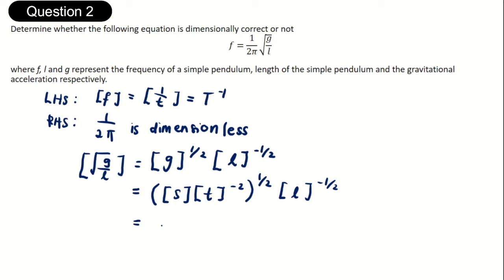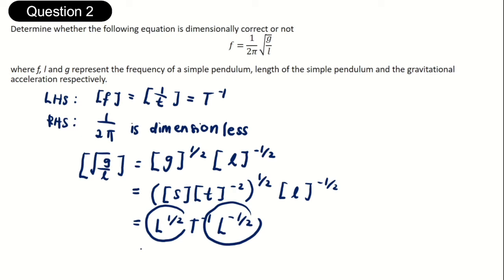Then we multiply it with the dimension of length, which is to the power of negative 1 over 2. This can be expressed as capital letter R to the power of 1 over 2, times capital letter T to the power of negative 1, and capital letter R to the power of negative 1 over 2.